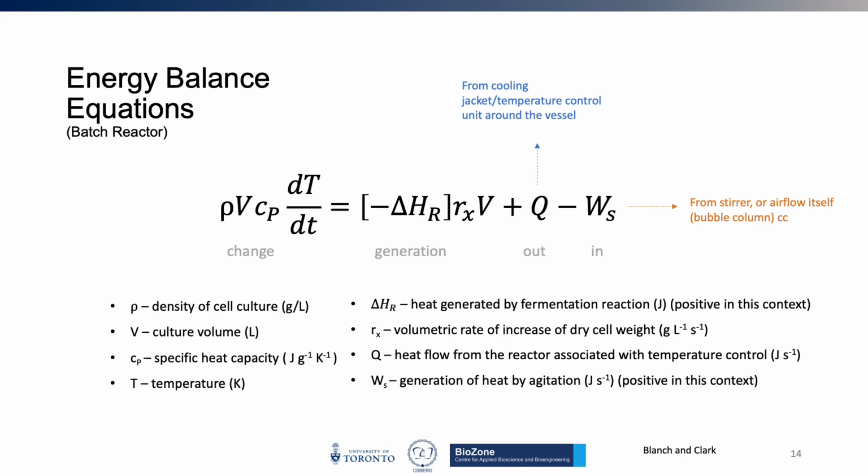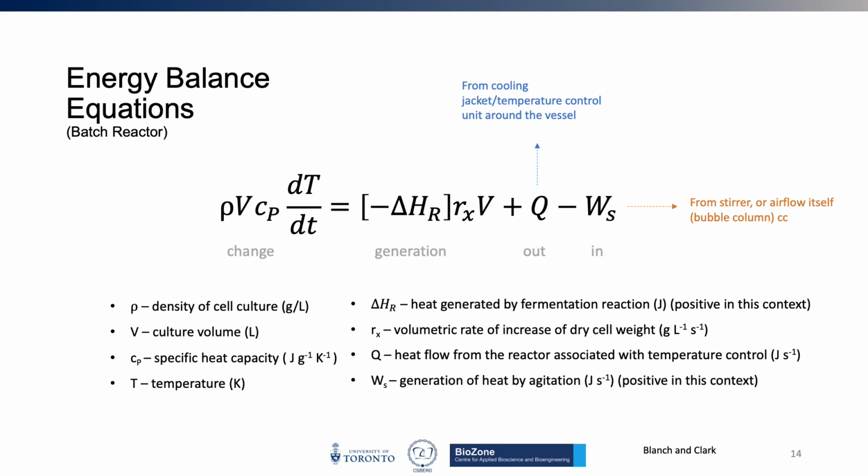So before the exponential phase, the Q term would have... so based on the sign conventions in this equation, before the exponential phase, the plus Q term should be a negative number, because when work is being done on the system, as you can see from H sub R and W sub S, you would need this to be a negative value.